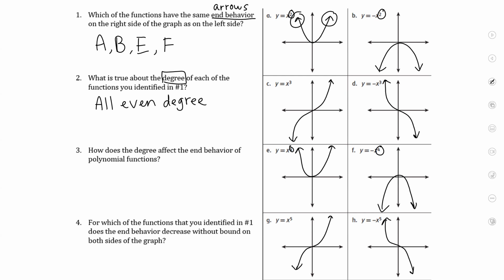How does the degree affect the end behavior? Yep, so if it's even, it'll have the same end behavior. And if they're odd, you will have opposite end behavior.